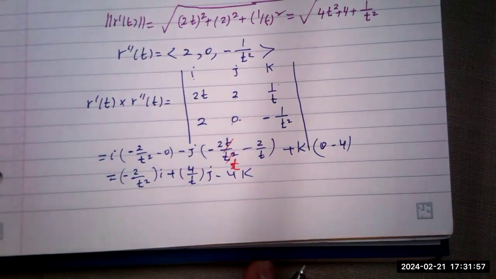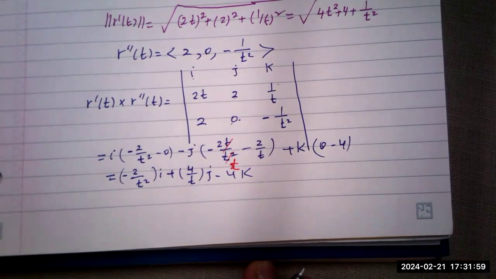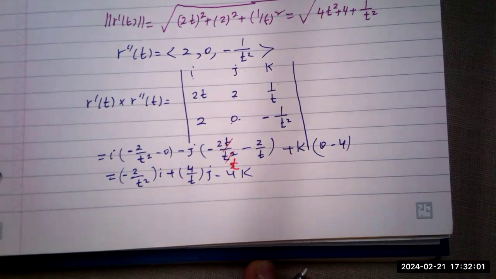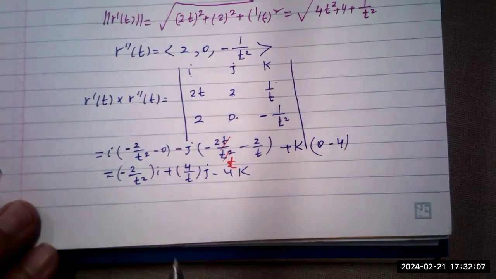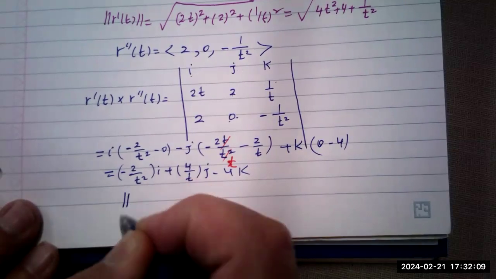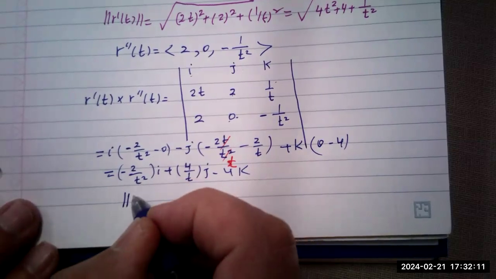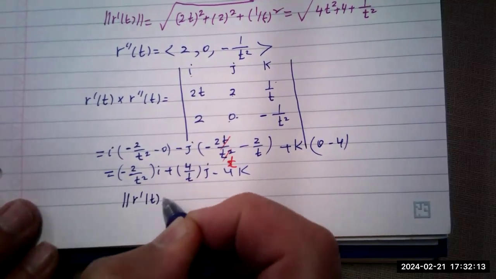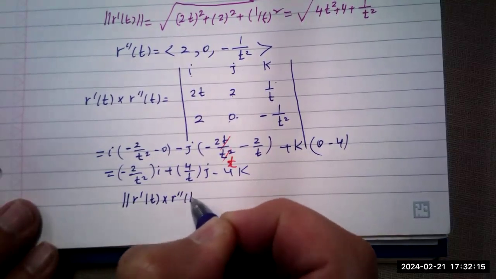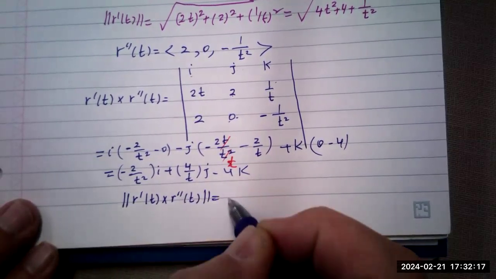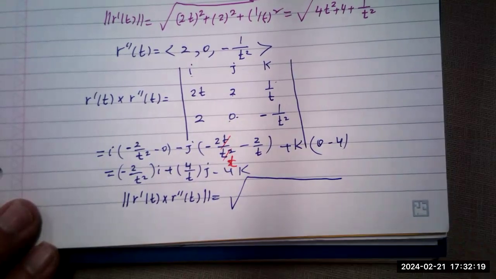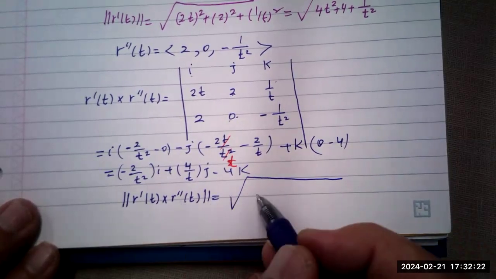Okay, that's going to be r prime of t cross r double prime. You have to find the norm, and then go back, substitute. Okay, get the norm. So that gives you r prime of t cross r double prime of t. It's the square root of the number.